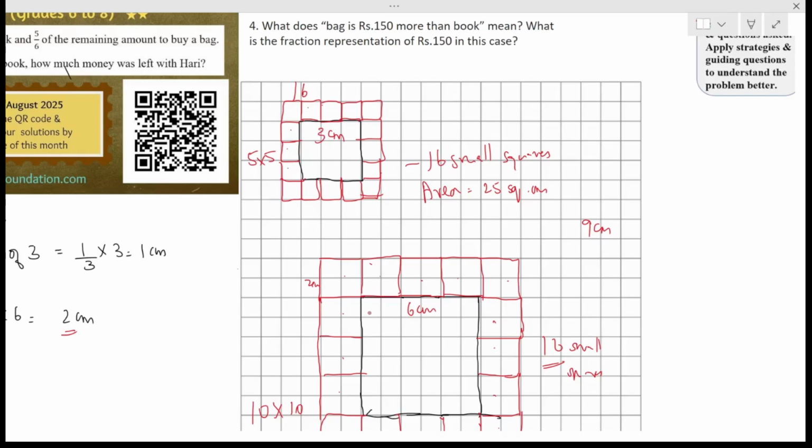In that case, the small squares will be 1/3 of 9, which is 3 centimeters, so each will be 3 centimeters. But if you draw it, you can see that the outer small squares will still be 16 small squares only. Why? Because it is based on the fraction of 1/3 of the middle square. Such interesting observations you can make, and patterns will also form with the area that is formed out of this kind of rule.